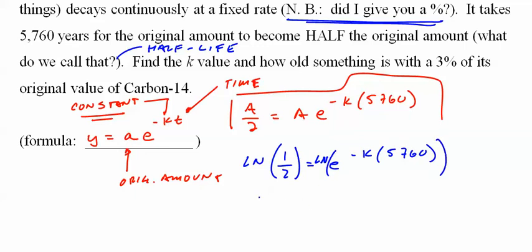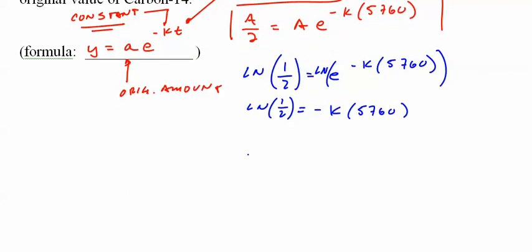Natural log of e cancels. I get negative k times 5760 equals natural log of 1/2. K equals negative natural log of 1/2 over 5760.